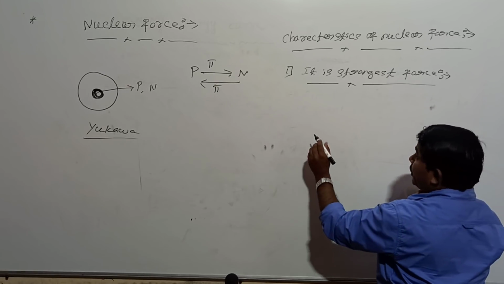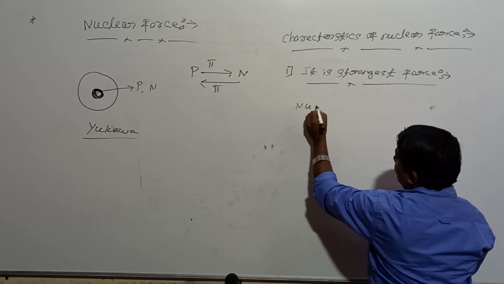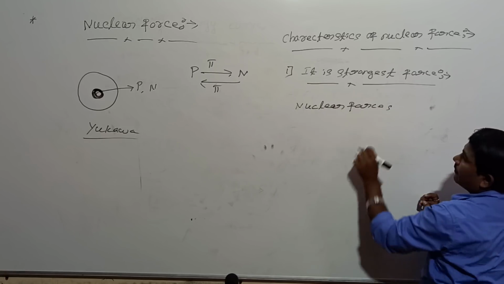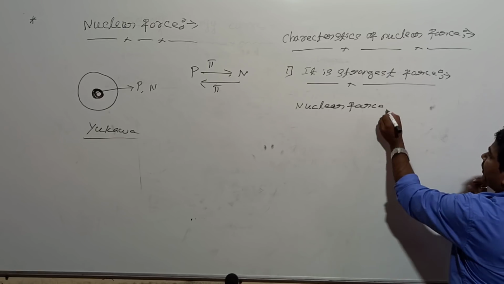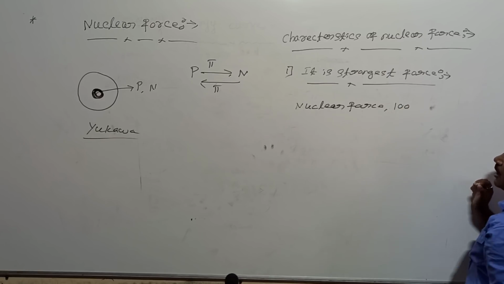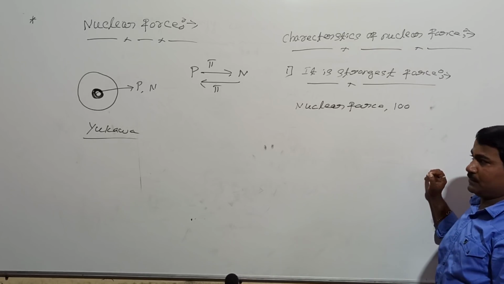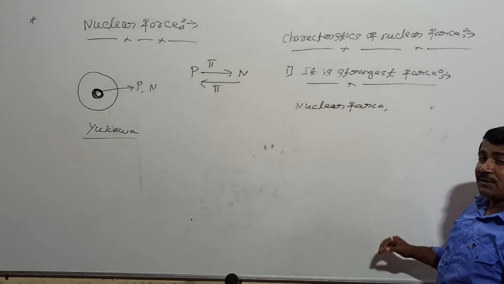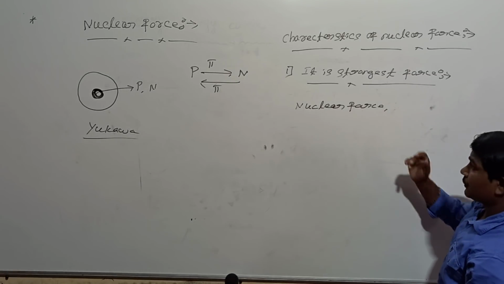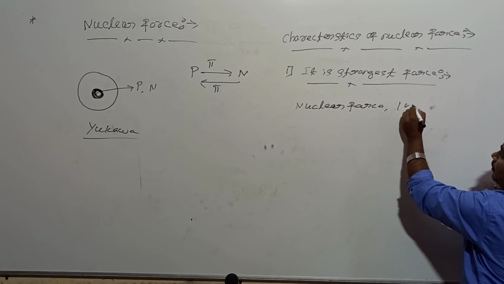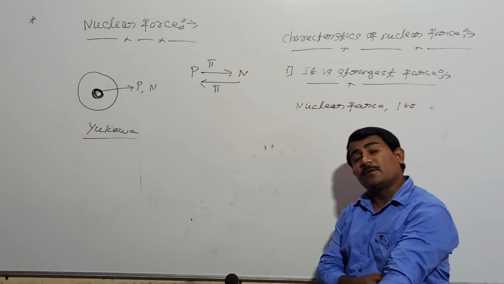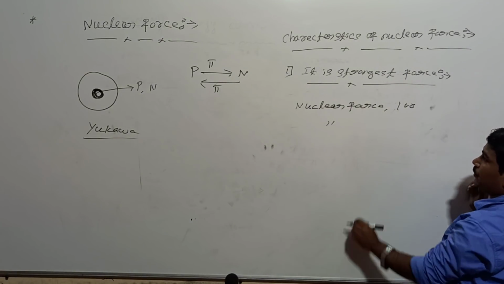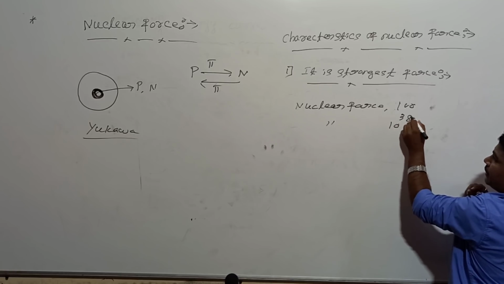So between two protons, as compared to electrostatic force, this nuclear force is of the order of 100 times greater, but as compared to gravitational force, it is of the order of 10 raised to 38 times or greater.